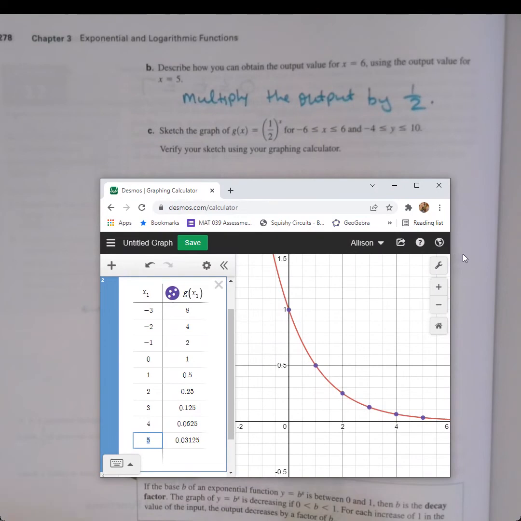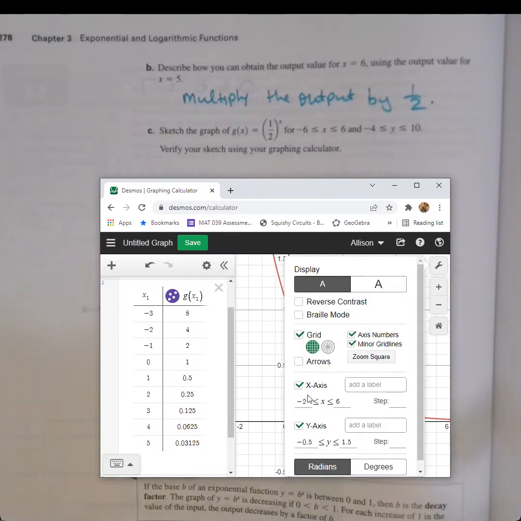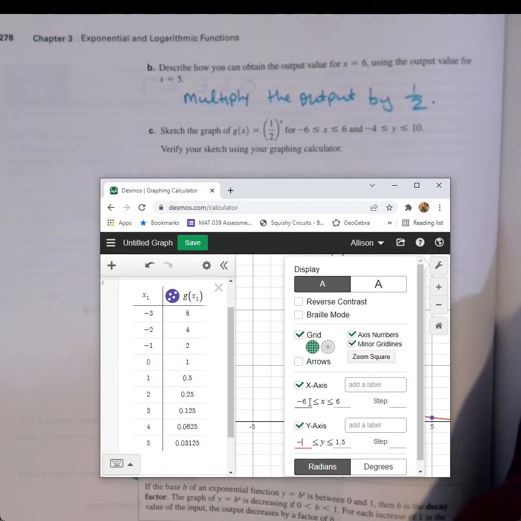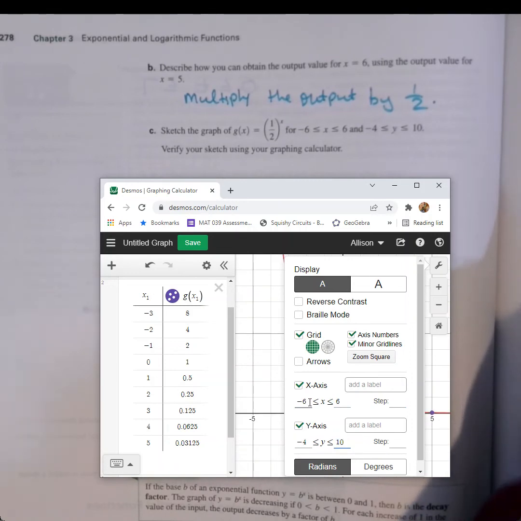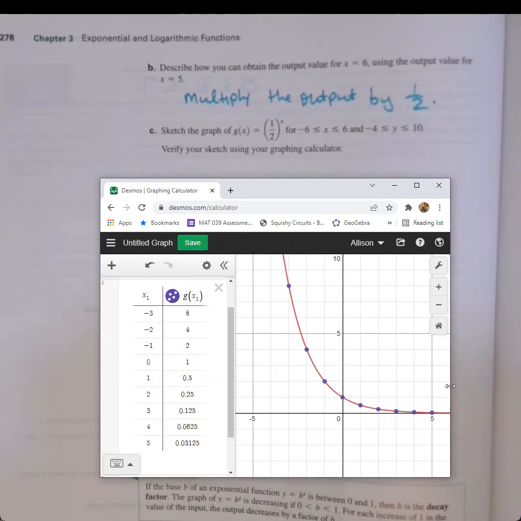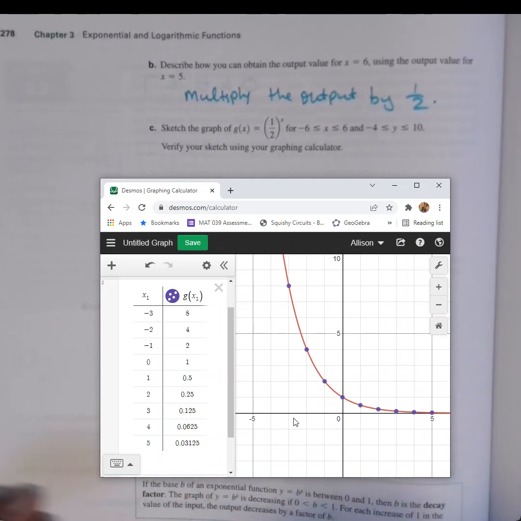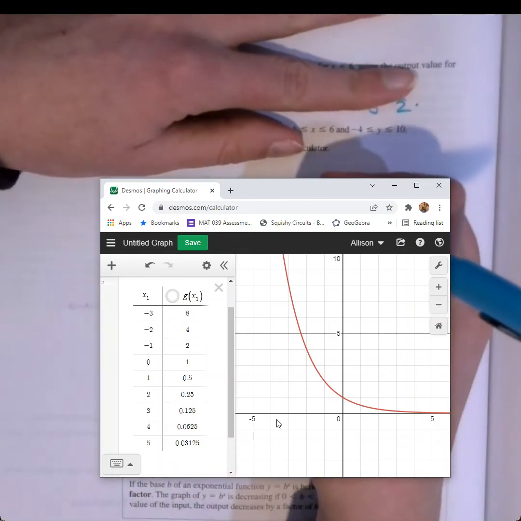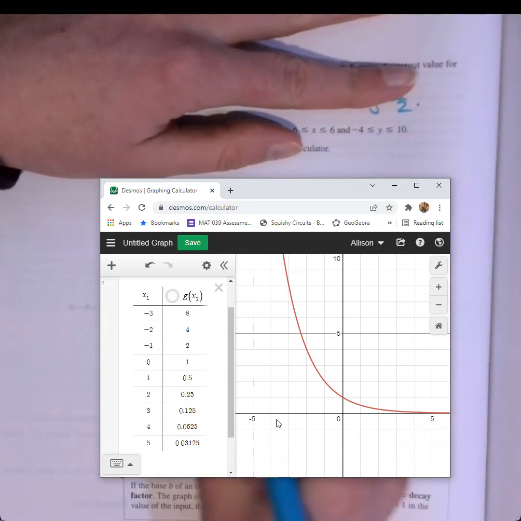All right, sketch the graph. And they've given me a particular window they would like to see this graph over: -6 to 6 on x and -4 to 10 on y. All right. Okay. I can turn off my dots and just look at the shape of this graph. Let me put a couple axes in the middle real quick.